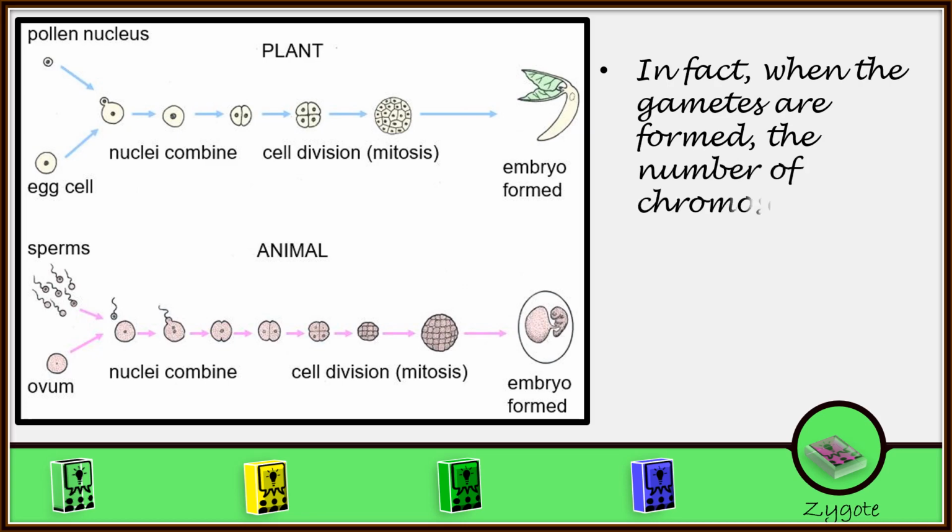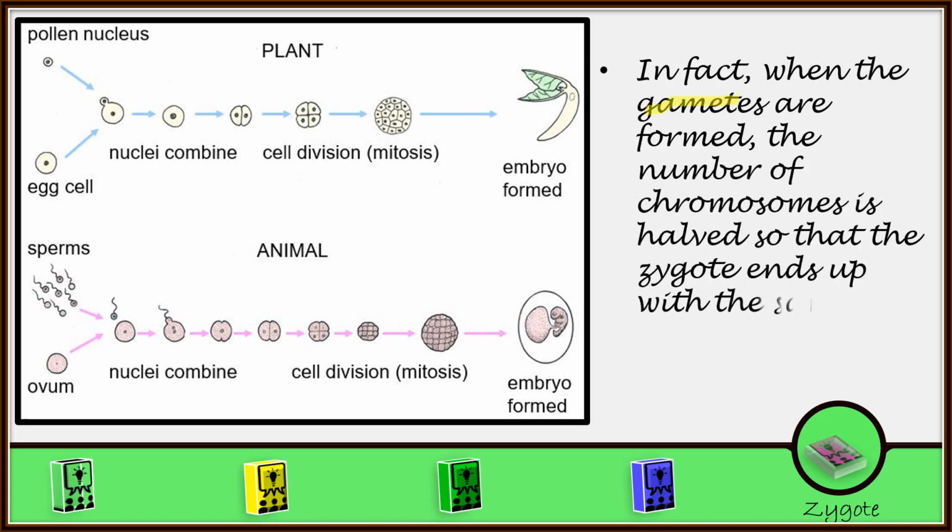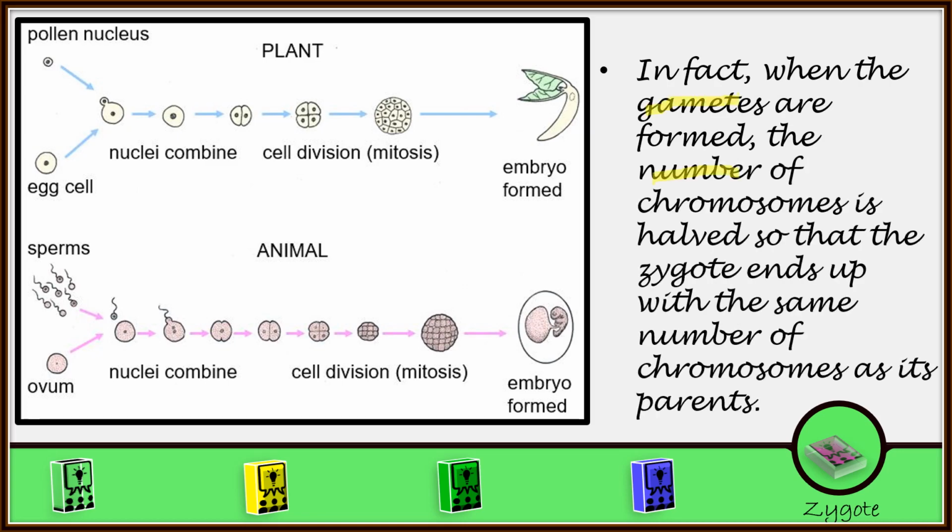In fact, when the gametes are formed, the number of chromosomes is halved, so that the zygote ends up with the same number of chromosomes as its parent. So before fertilization takes place, the number of chromosomes in the gametes is halved.